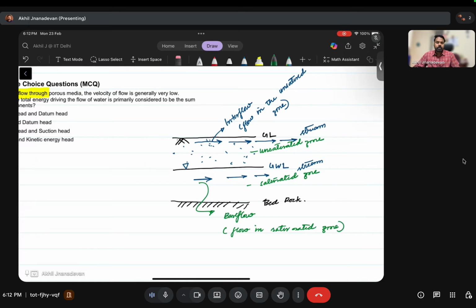So basically, the one thing that you need to understand is that this flow will take place only when there is a gradient. There is a change in groundwater level, or a drop in groundwater level. There should be a gradient difference or head difference, then only these flows will occur. Okay, so these will be meeting a stream or a river.